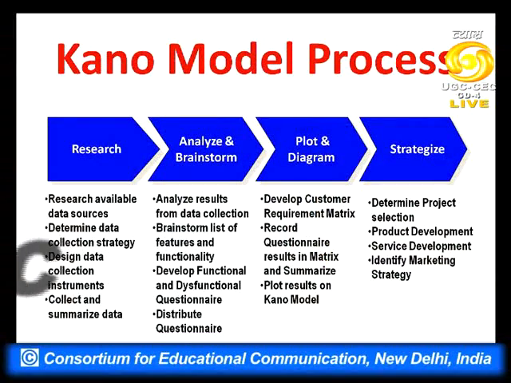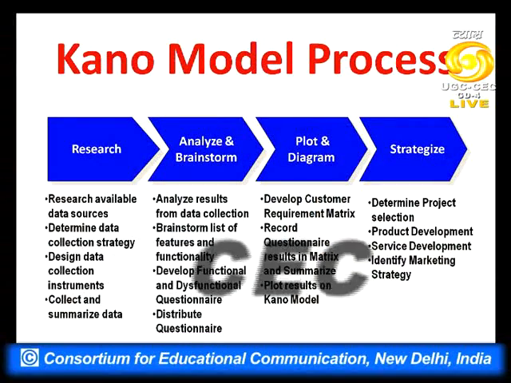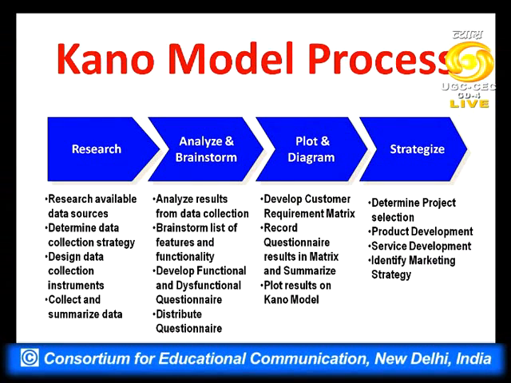And there is another way of explaining the Kano model process, and it takes care of 4 particular things: research, analyze and brainstorm, plot and diagram, and strategize. Under research: research available data sources, determine data collection strategy, design data collection instruments, collect and summarize data.